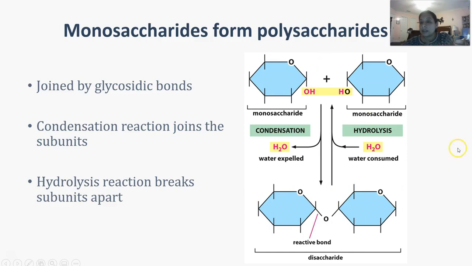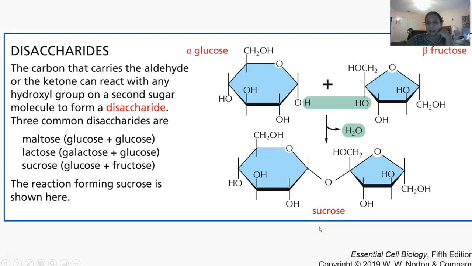And then hydrolysis, where water is used to return that bond back into its original form, so you can get the two monosaccharides back out again as well. So the hydrolysis breaks up that bond, this bond right here. This is the reactive bond in this case.